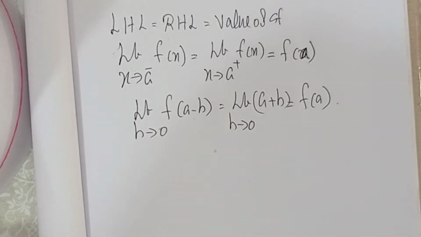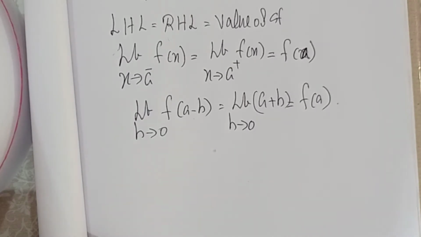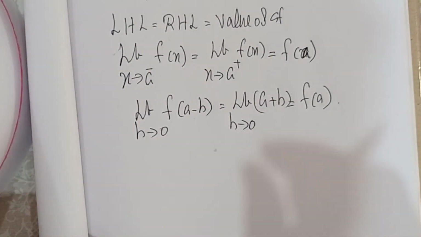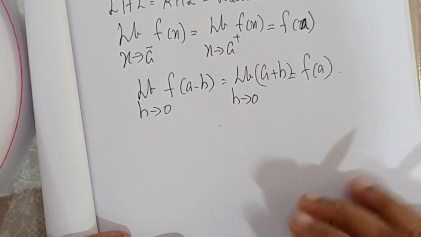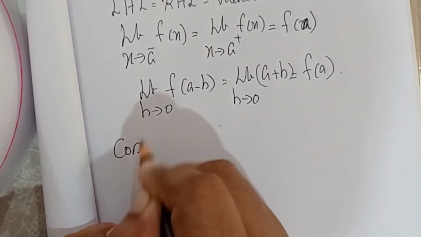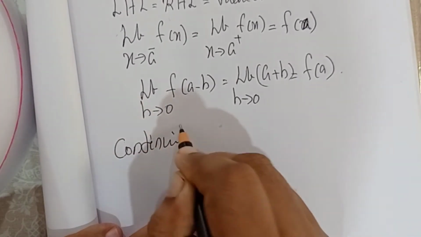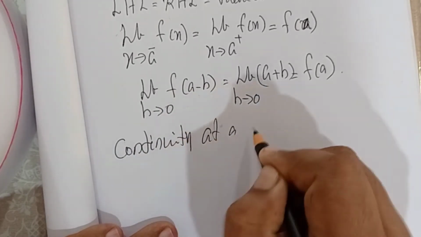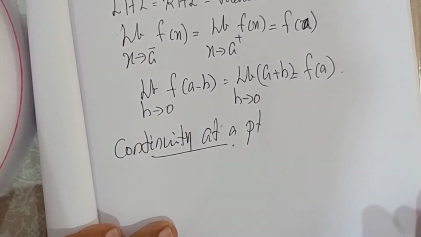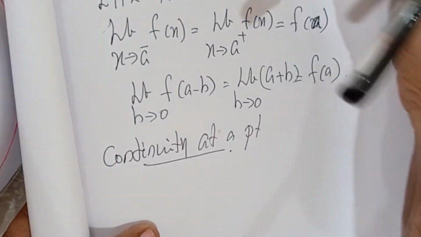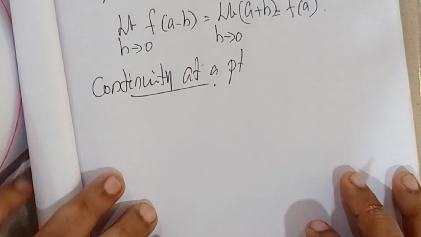Then, write down the next one. Continuity at a point. Write one by one. A function, first all of you write these notes.